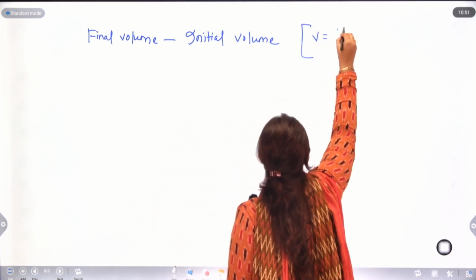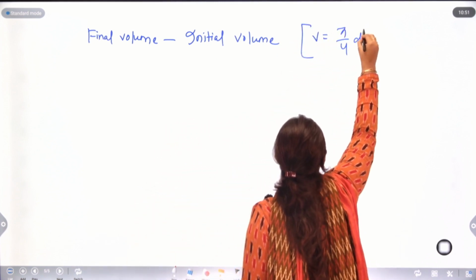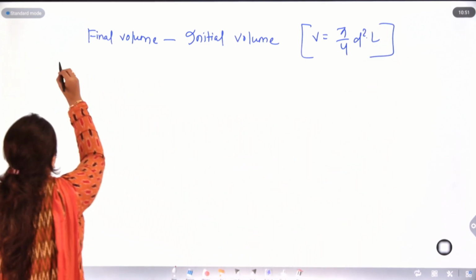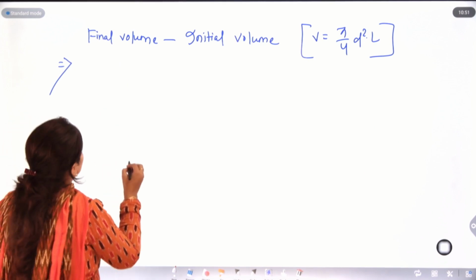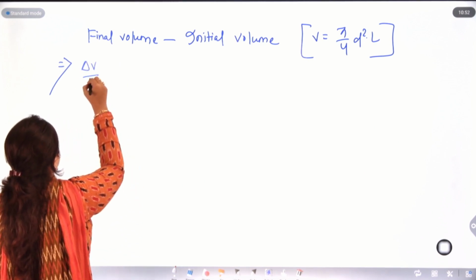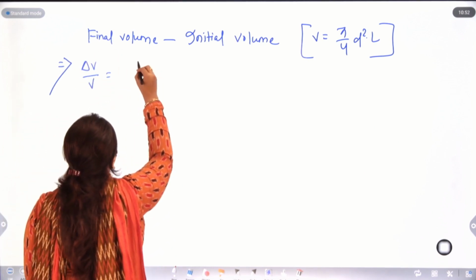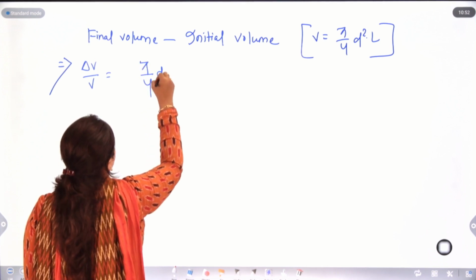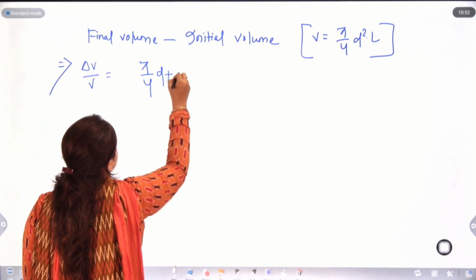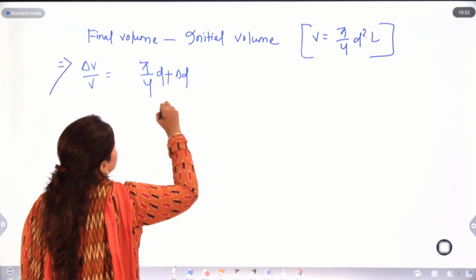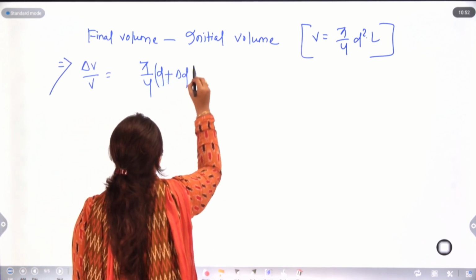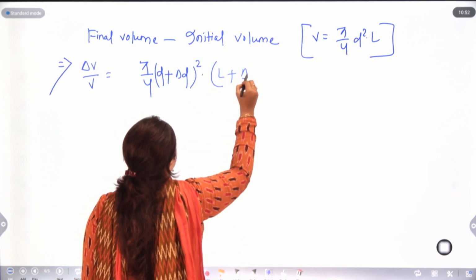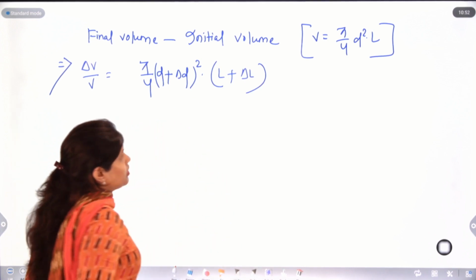Volume is equal to pi by 4 D square into L. So our final volume will be pi by 4 into (D plus del D) square into (L plus del L), right?